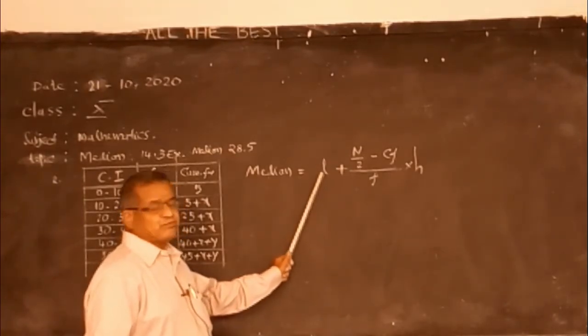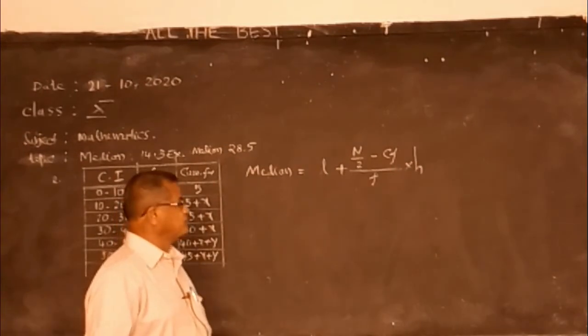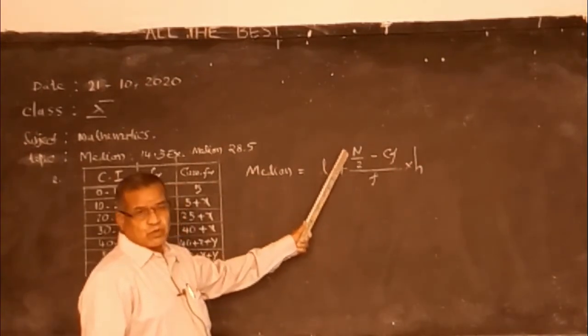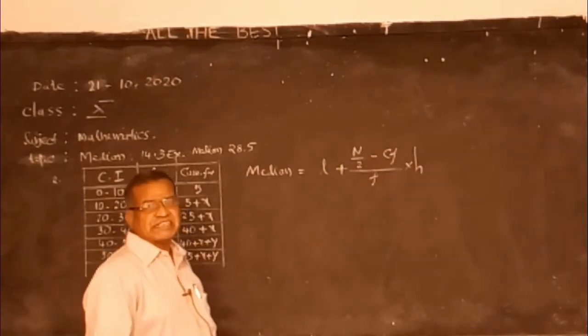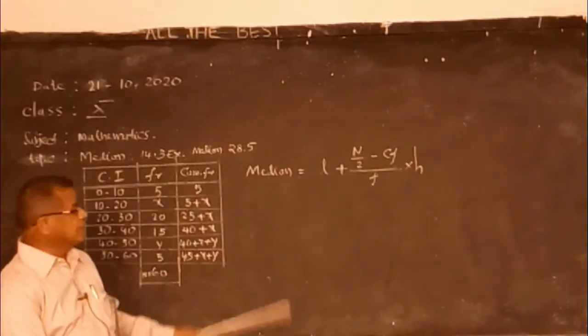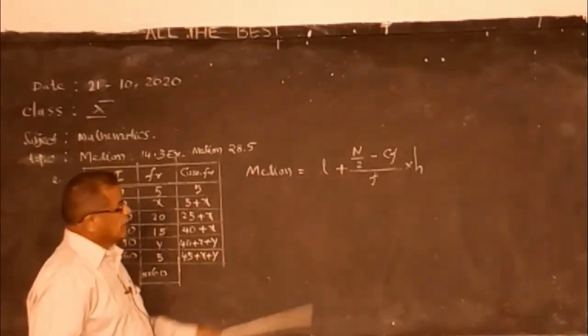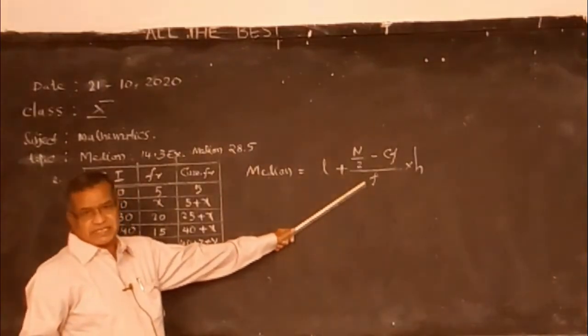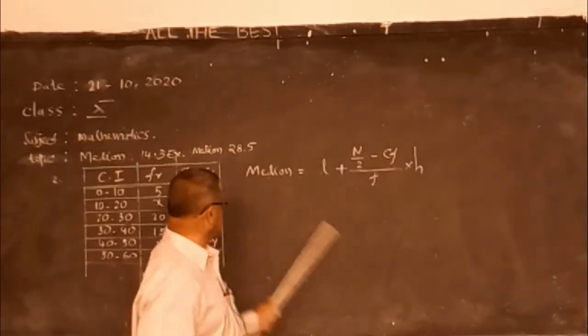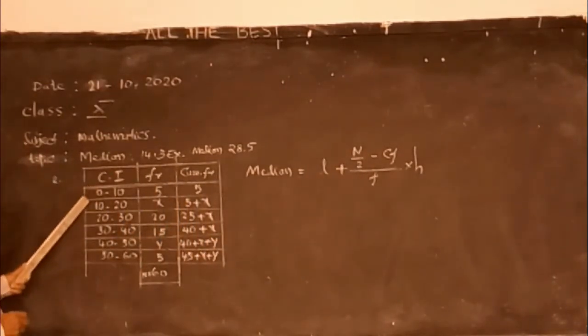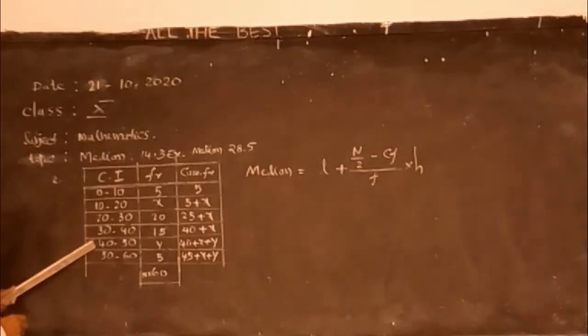Here what is L? Lower boundary of the median class. What is N? Total frequency. What is CF? Cumulative frequency preceding the median class. F is the frequency of the median class. And H is the size of the class. Each class is 0, 10, 20, 30, 40, 50, so each class increases by 10. So the H value is 10.